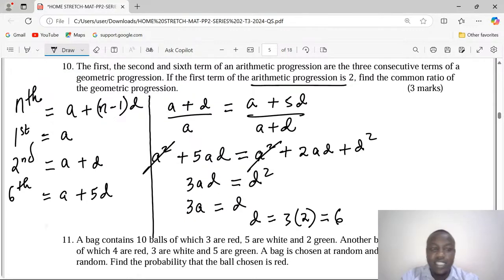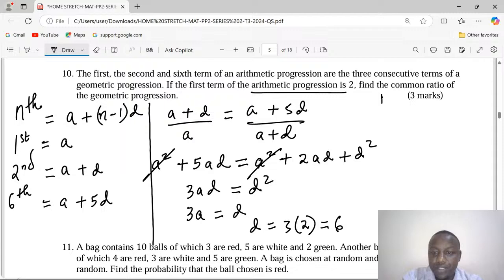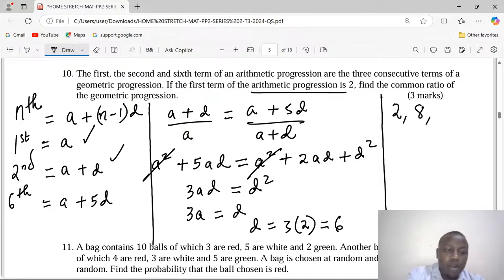If d is 6, now we can get all the terms. The first one is 2. The second one is a plus d, which is 8. The third one is a plus 5d, so 5 by 6, that is 30, plus 2, 32.